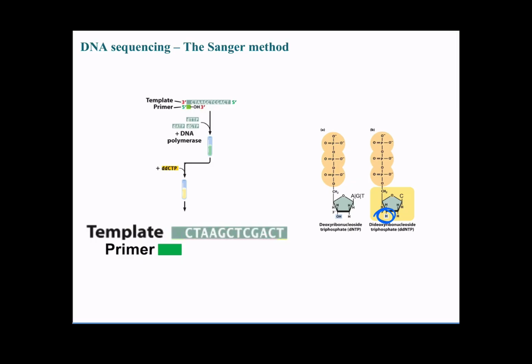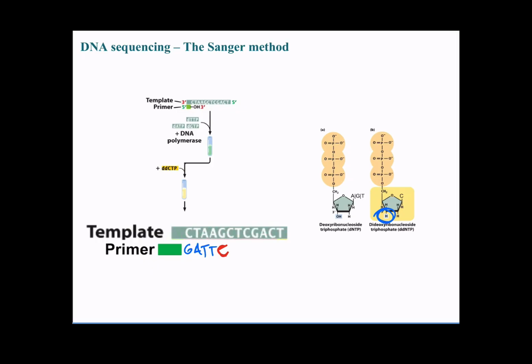So if we were to offer this mixture of regular dNTPs for A, G, and T, and then this weird dideoxy CTP, DNA polymerase will start synthesizing and will add a G, an A, a T, and a T. And when it gets here to the G, it will add that weird dideoxy CTP, but synthesis would end there abruptly because that C doesn't have a 3' hydroxyl that it can offer for DNA polymerase to continue synthesis over that template molecule.